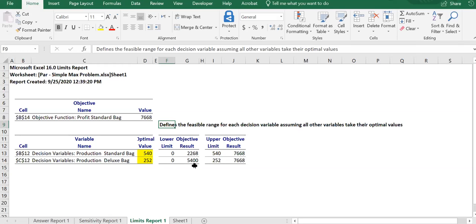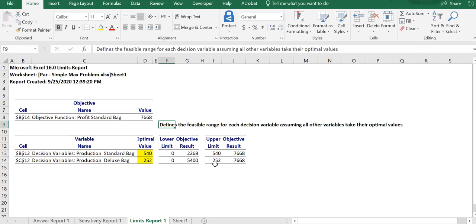So assuming this one takes 252, you can have the production of standard bags between 0 and 540. Any number in this range is still feasible, and then it gives you the value of your objective function.